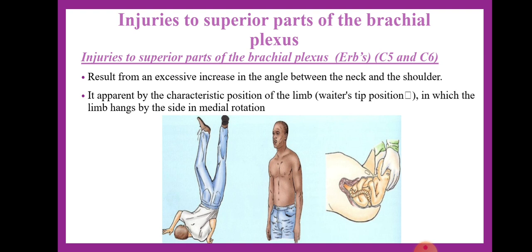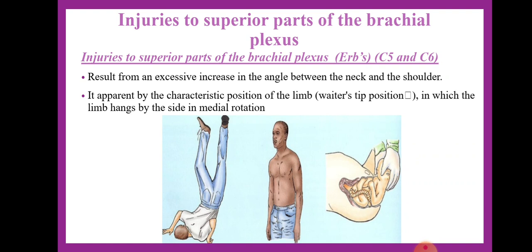As you see here, this man fell on his shoulder, and this fall led to an increase in the angle between the neck and shoulder. This baby is pulled by midwives, which also increases the angle between the shoulder and neck.